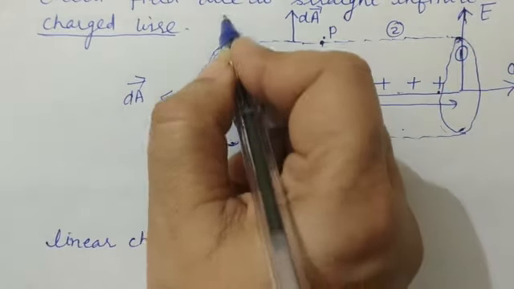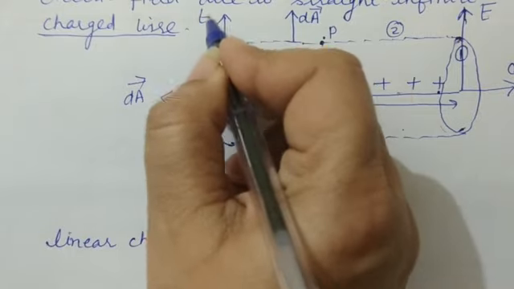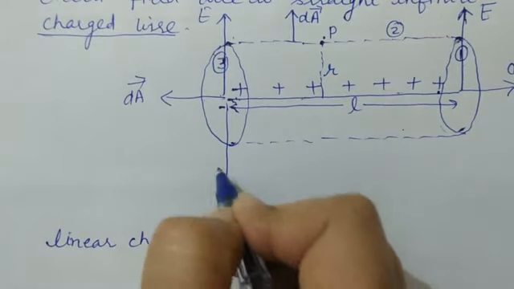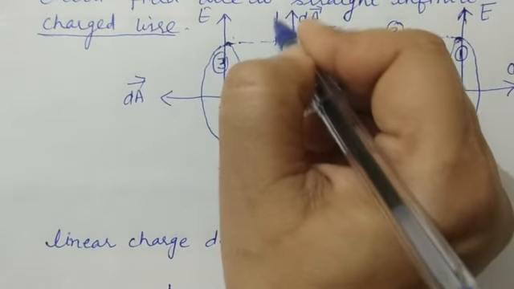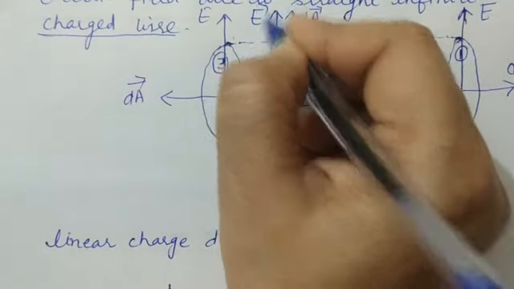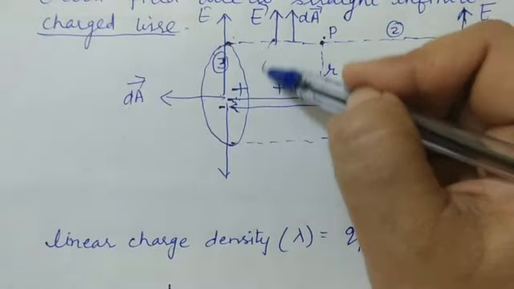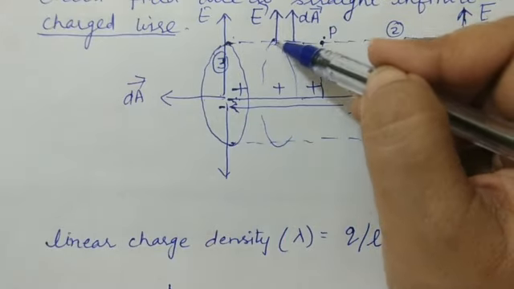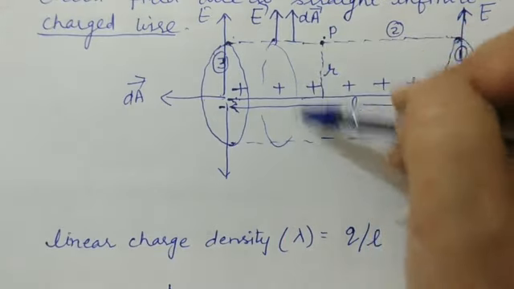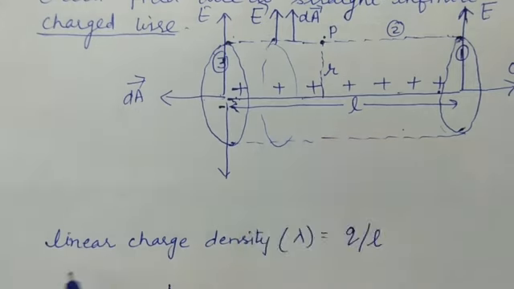Same for surface 3, this side and here downside. And this curved surface will also have electric field. If I take a circle, then on all the points on the circumference, it will be perpendicular.